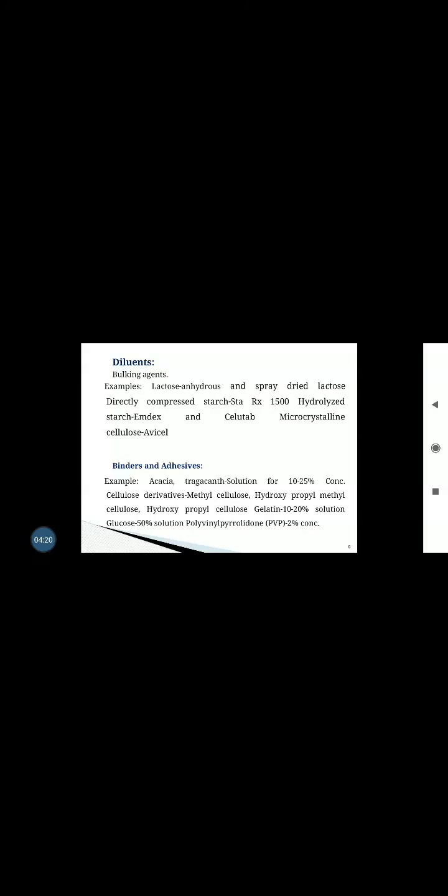These materials might be added either in dry form or in wet form. The dry binder includes polyvinyl pyrrolidone, that is PVP. The wet binders include acacia, tragacanth, starch, hydroxypropyl cellulose, methyl cellulose, and hydroxypropyl methyl cellulose. They are added either in the form of a paste or in the form of a solution.